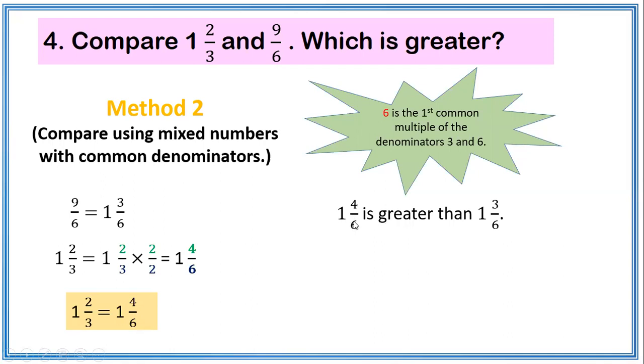One and 4 out of 6 is greater than 1 and 3 out of 6. So 1 and 2 out of 3 is greater than 9 out of 6. So in symbol, we just write 1 and 2 out of 3 is greater than 9 out of 6.